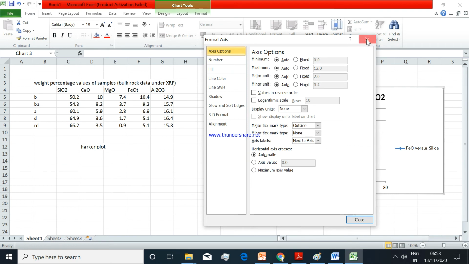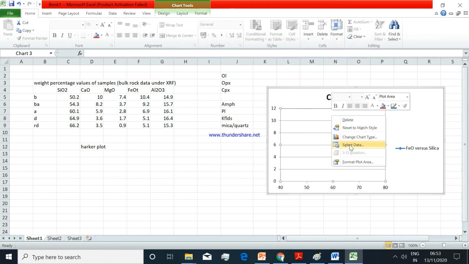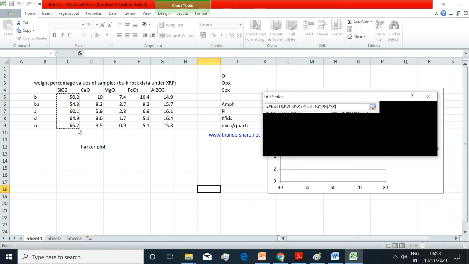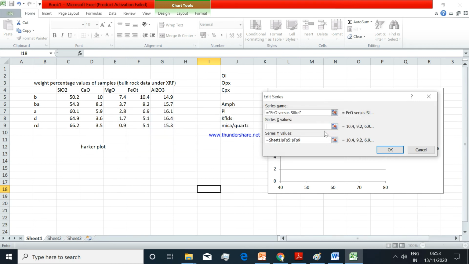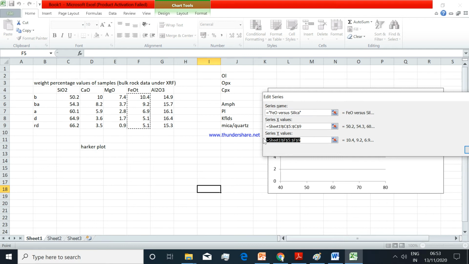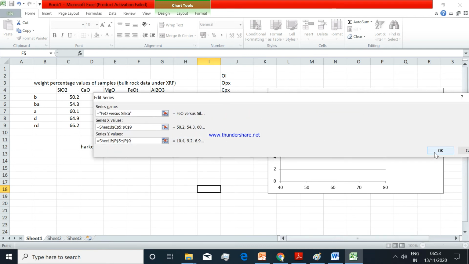This is a very bad thing. This should not happen like this, because of editing. Okay. So I was wrong actually. The silica value should be the x-axis and the y value should be the y-axis. Now this is okay.